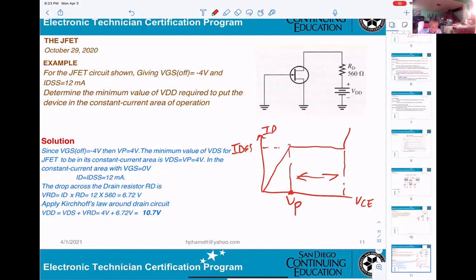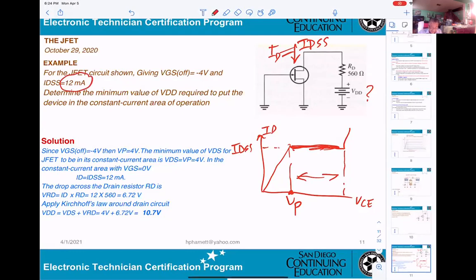Okay. So now they're asking, if I want it to be in this area, what the VDD is supposed to be. First, you understand the current ID is flowing here. If you want it to be in this area, then ID must be equal to ID at X, that means equal 12.